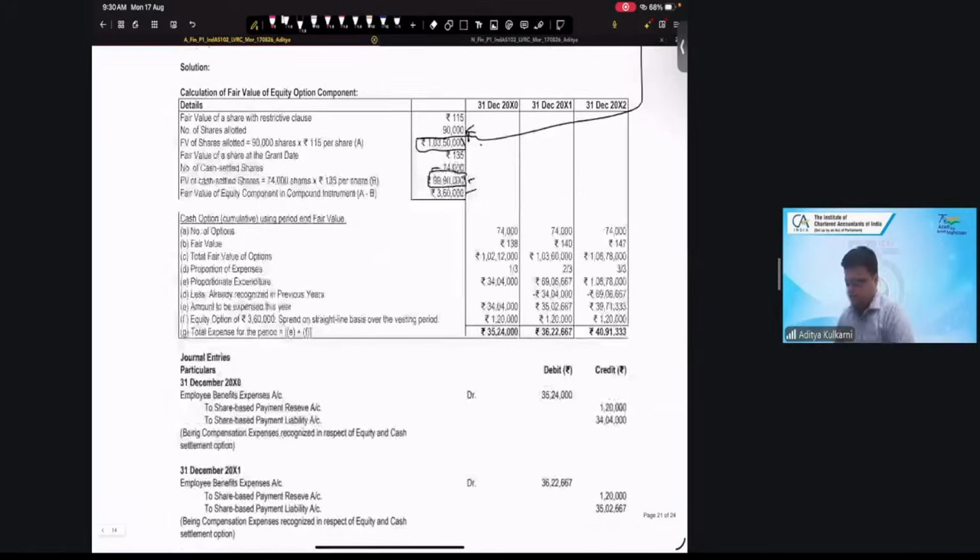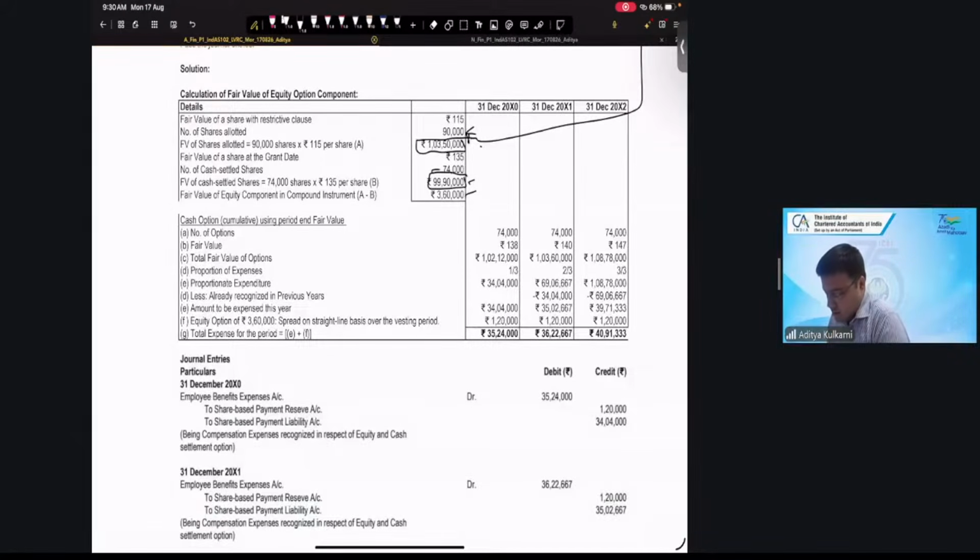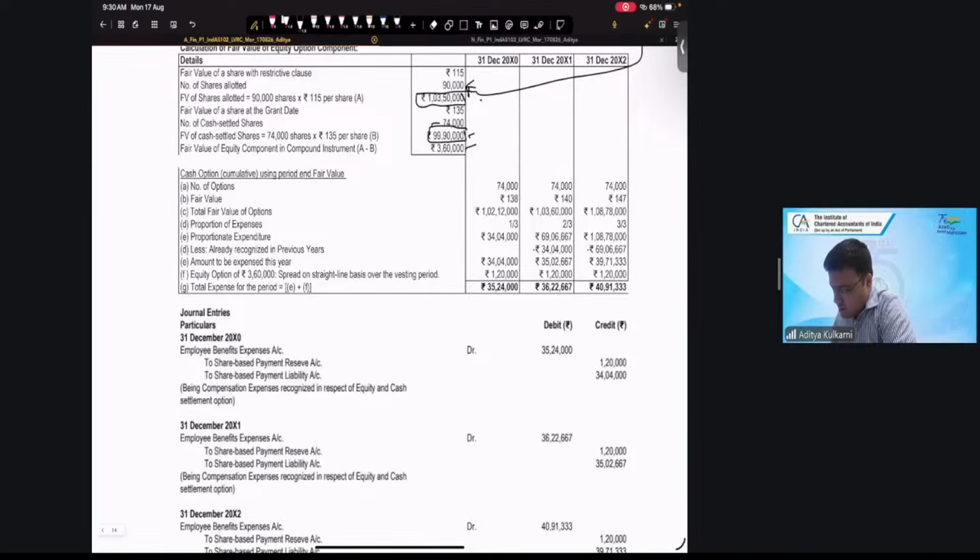Now, how do we recognize options into fair value? Total fair value is given here, period is given, proportionate expenditure is given, and after removing that, amount to be expensed each year is also available.